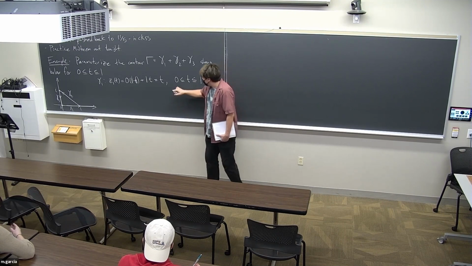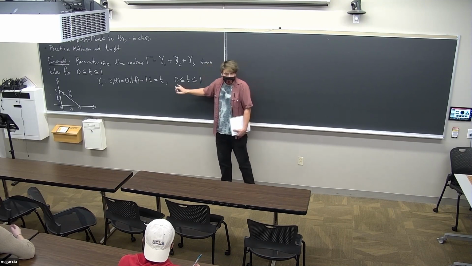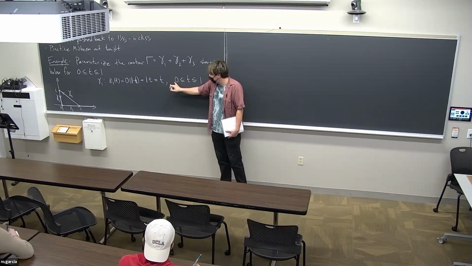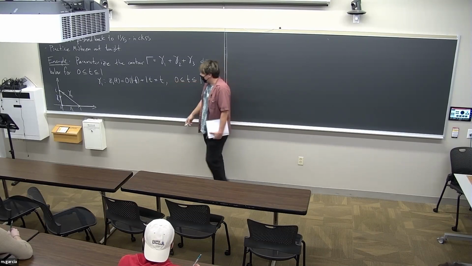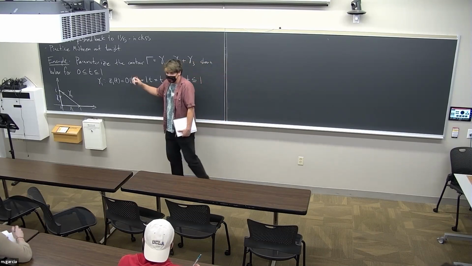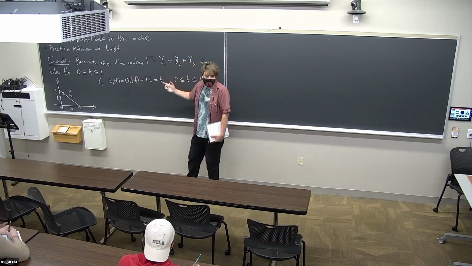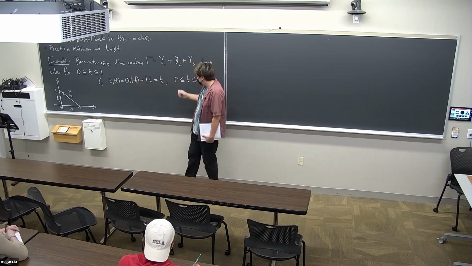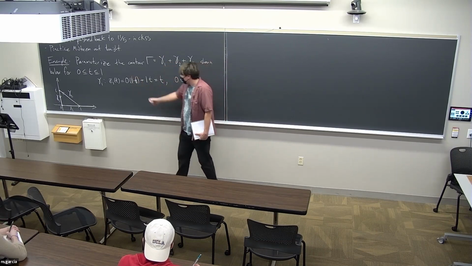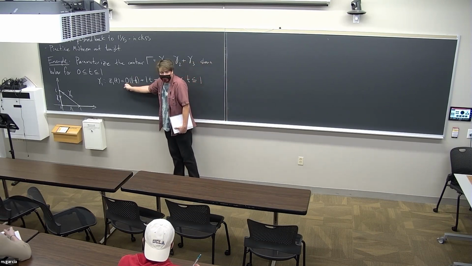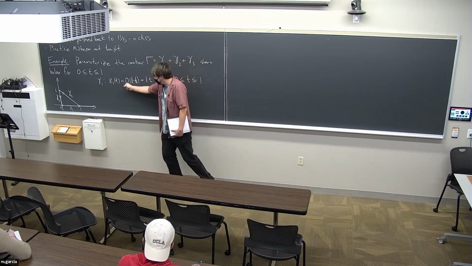Okay, so I'm going to start naively and say that each of my parameterizations goes from 0 to 1. So I like to write this way because it's kind of natural to see what's going on, right? At t equals 0, I start at my initial time, I start at my initial point, right?